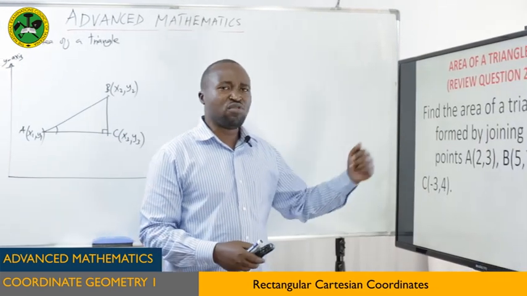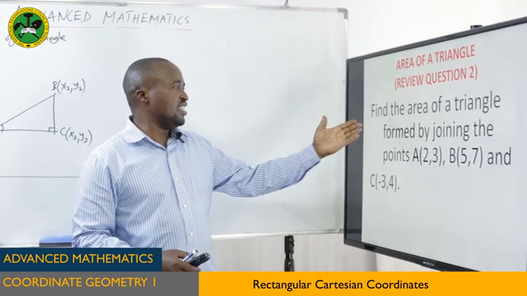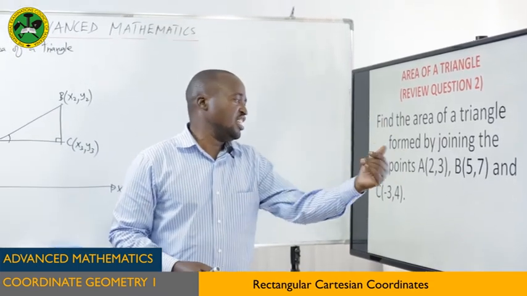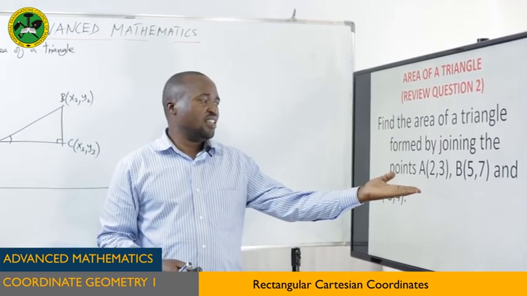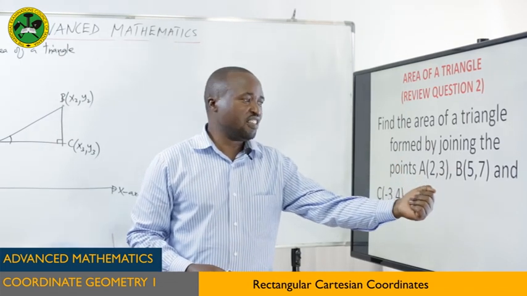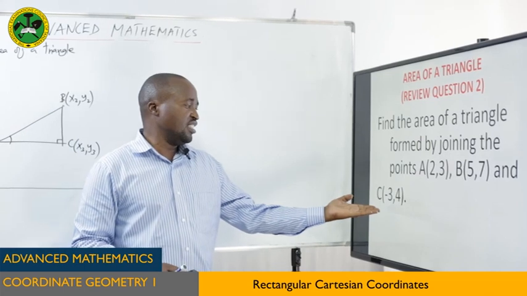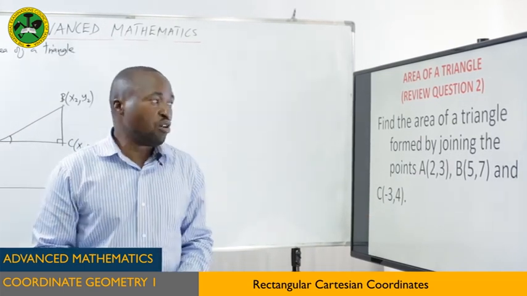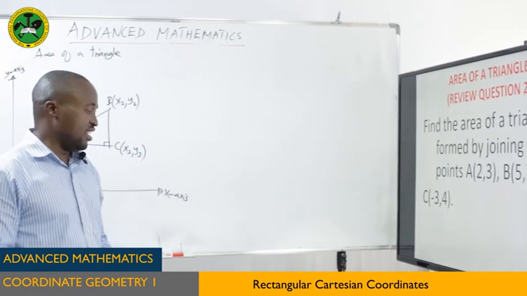So here we have a review question which says find the area of a triangle formed by joining the points A, that is (2, 3), B (5, 7), and C (-3, 4). So we have 3 coordinates that we are going to use to find the area.